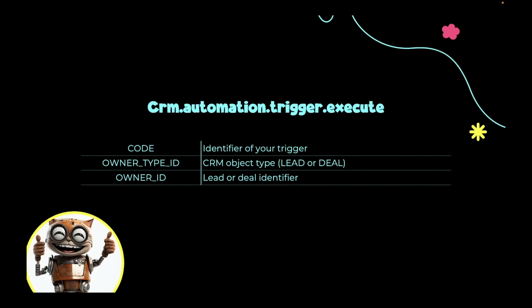The exact relationship between the invoice and the deal is determined by the application. In our case, we intentionally stored the invoice ID in a custom field of the associated deal. With this identifier, we can easily locate the deal within Bitrix24.